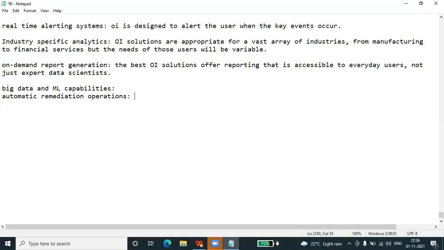It can either alert you or take action to repair the problem. Automatic remediation is a groundbreaking feature of operational intelligence, with powerful scripting allowing certain operations to be automatically repaired via algorithmic operations.